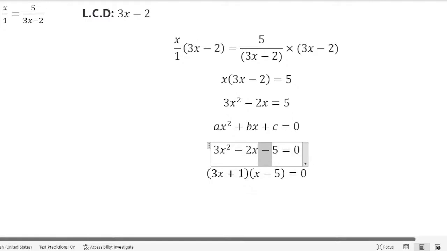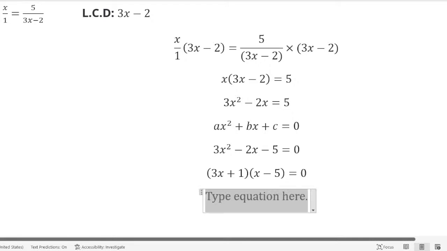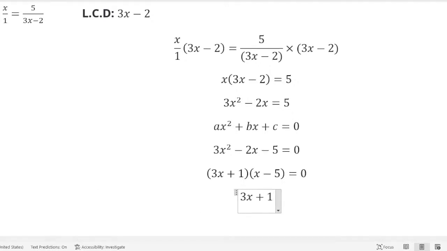Alright? So therefore, you can write: 3x plus 1 is equal to 0, or x minus 5 is equal to 0. Then let's write the solution.